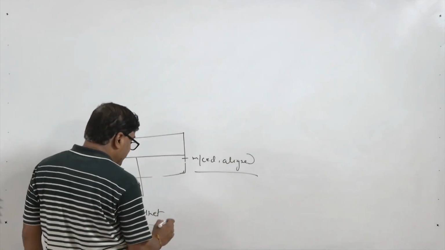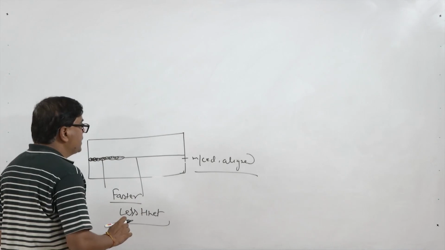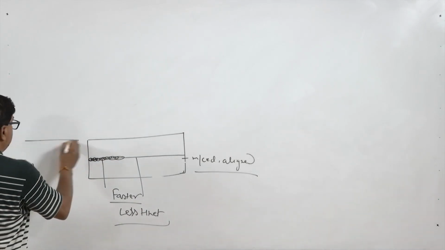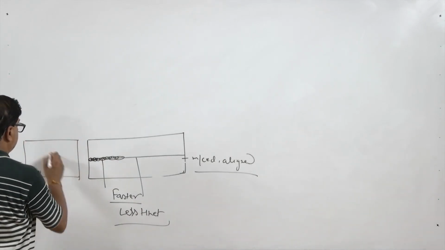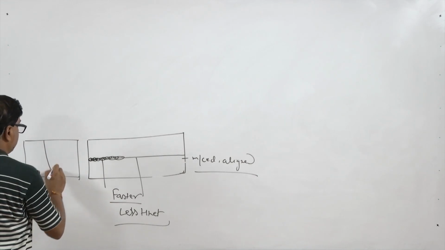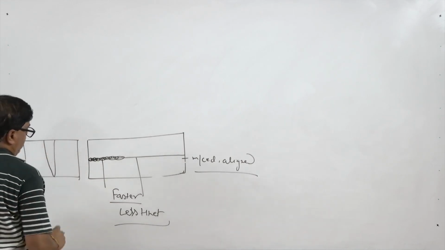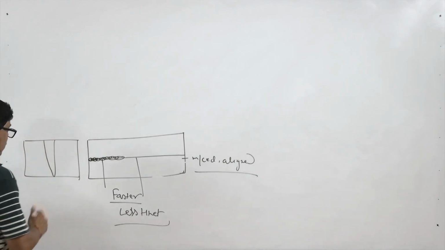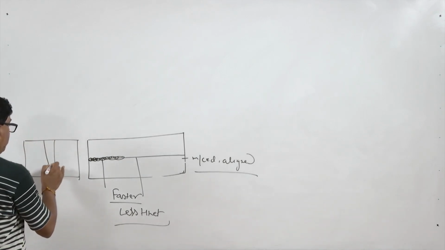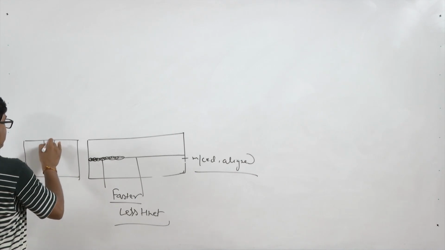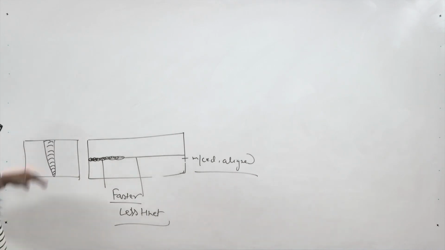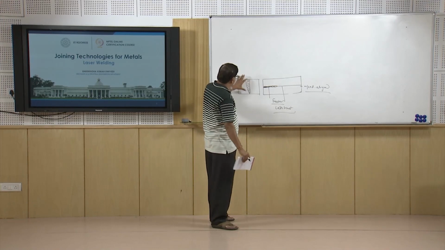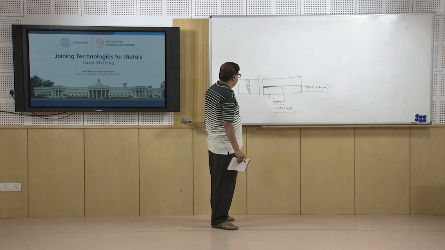If this is the side view, the volume of the weld metal produced is very small, and the aspect ratio, the depth to width ratio, is very high.